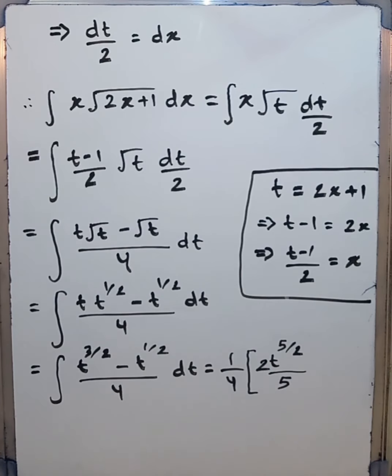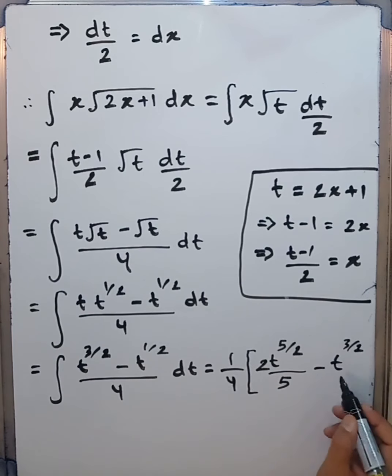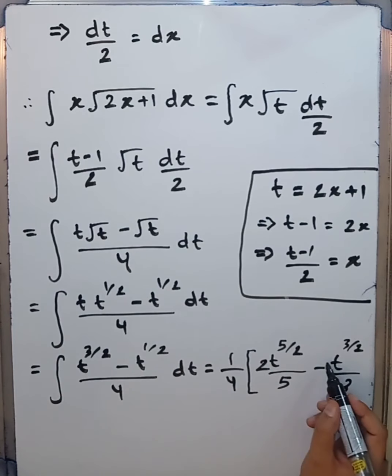So 2 we can keep in the numerator, minus t power half will give us t power 3 by 2 divided by 3, and 2 we can keep in the numerator.